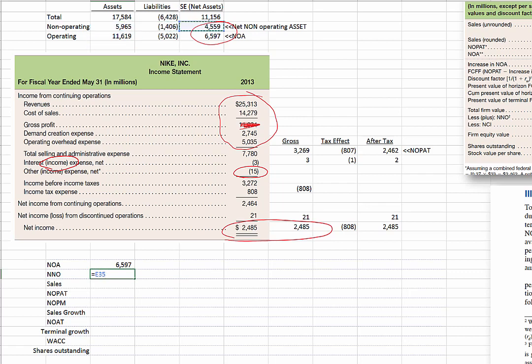That number will usually be a liability and will usually be negative, but in this case, instead of net non-operating obligations, it's net non-operating assets. Sales, I can pick those up right there in the income statement, 25,313.